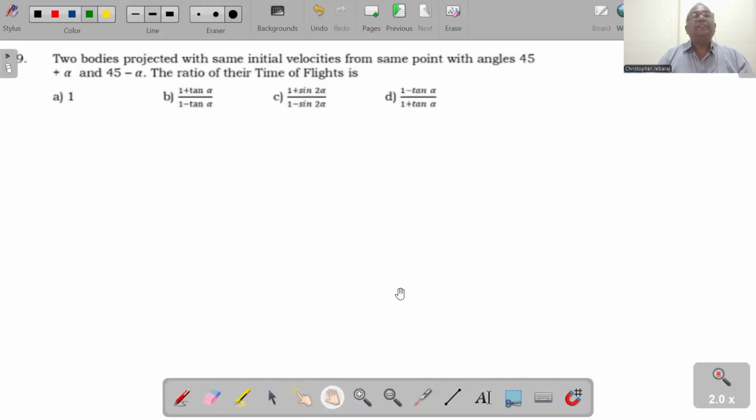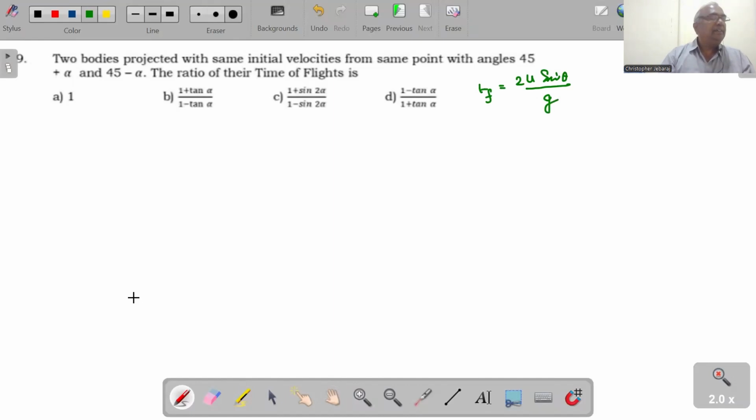Two bodies are projected with the same initial velocity from the same point, at angles 45 plus alpha and 45 minus alpha. Find the ratio of the time of flight. We know the formula to calculate time of flight: 2u sin theta by g.